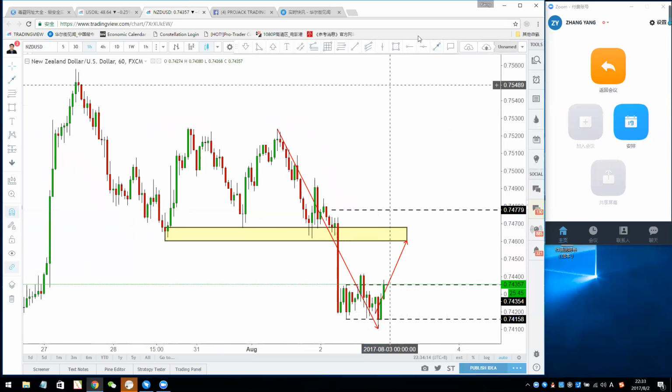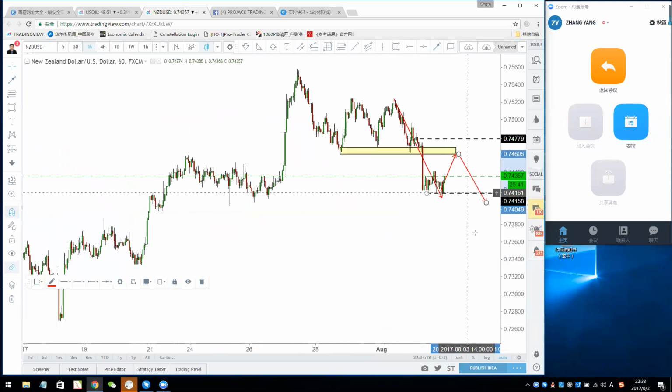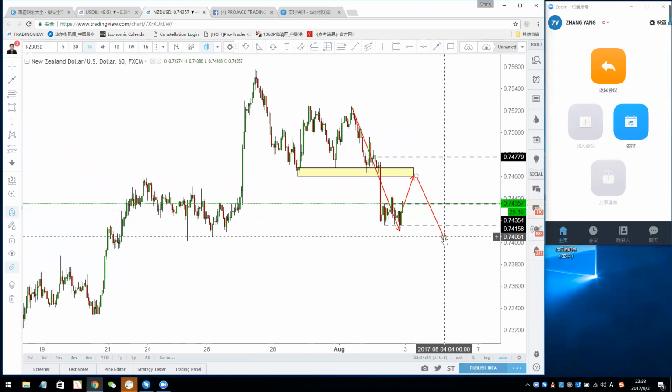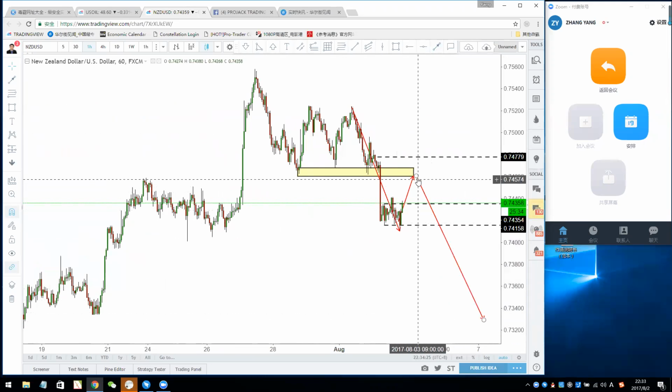Then I want to take a short to enjoy the second move. So for the Kiwi, wait for the pullback to short.